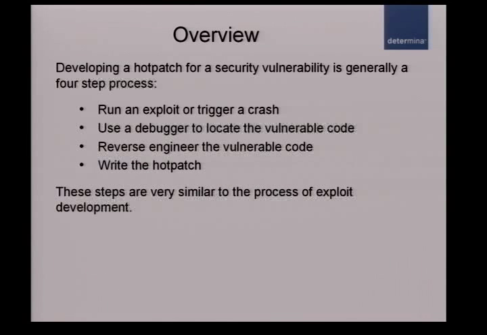To some people, developing patches without having access to the source code seems like black magic, but it's actually not that hard. The process that you have to use is very similar to the exploit development process. Usually, to develop an exploit, you start with some kind of request or a file that is malformed and crashes the application. You would run it in a debugger.